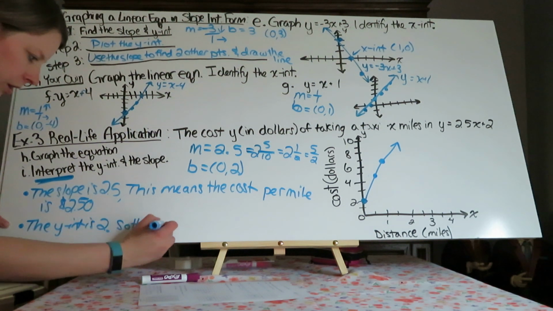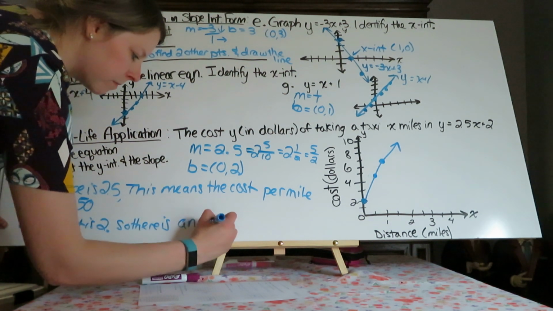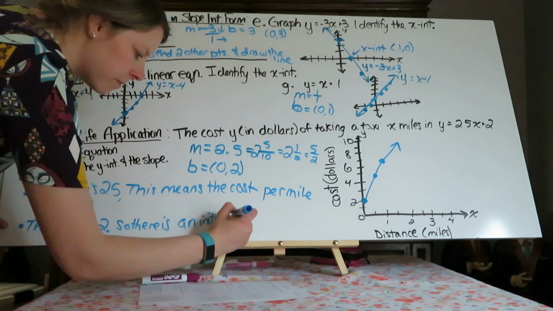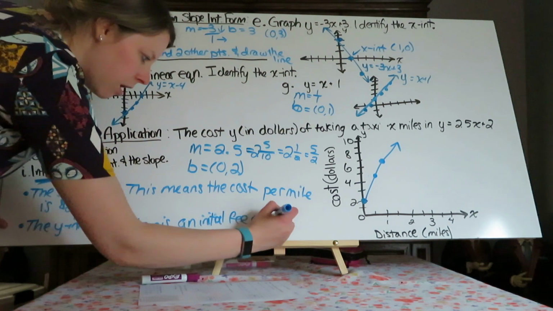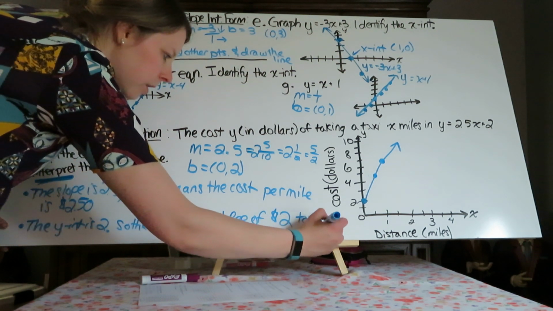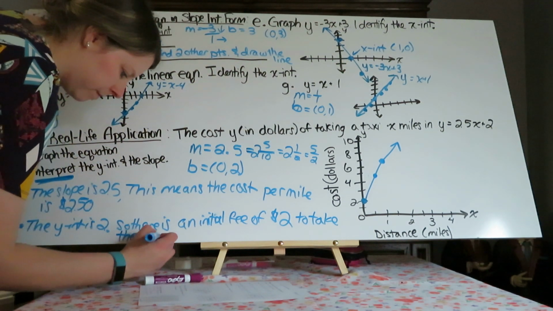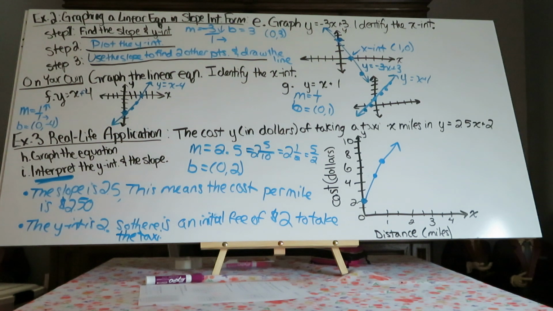So there is an initial fee of $2 to take the taxi. So as soon as you get into that taxi, no matter how far you go, you have to pay at least that $2 fee, and it's $2.50 per additional mile after that. Very great job.